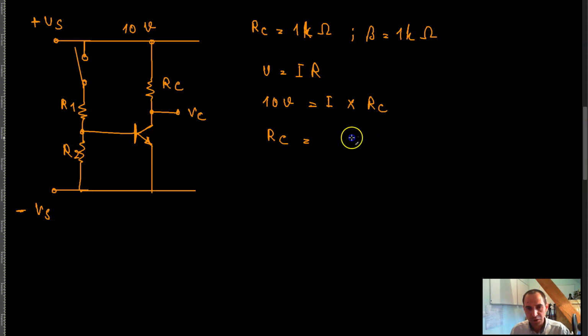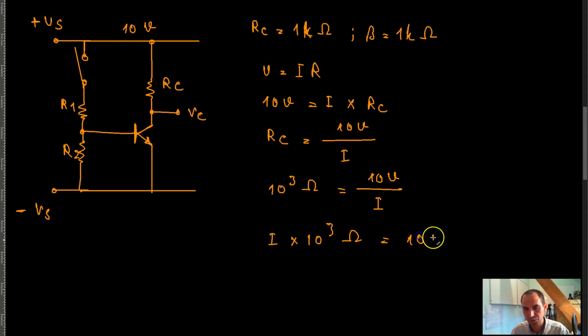And that means that R of C is the same thing as basically 10 volts over I. And R of C is 1 kilo ohm, which is 10 raised to the power 3 ohm. That means that I times 10 raised to the power 3 ohm is equal to 10 volts, which means that I is 10 volts divided by 10 raised to the power 3 ohm.